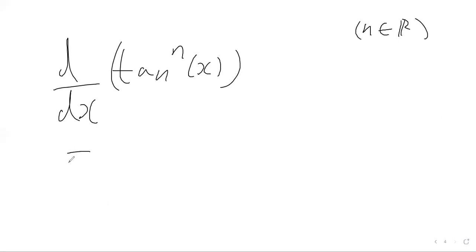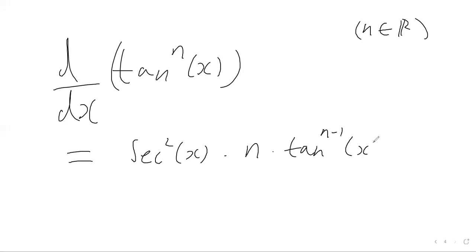So yeah, what we're going to do is differentiate the tan of x within the power of n function. That gets us a sec squared of x. Multiply that by the derivative of the power of n function. So that's going to be n times tan to the power of n minus 1 of x.